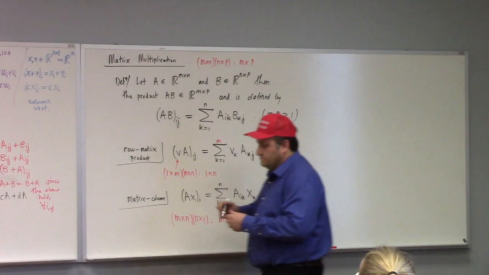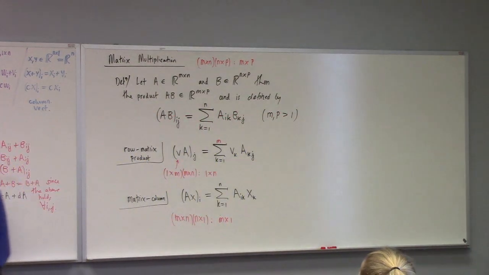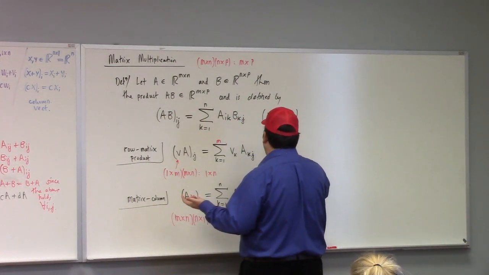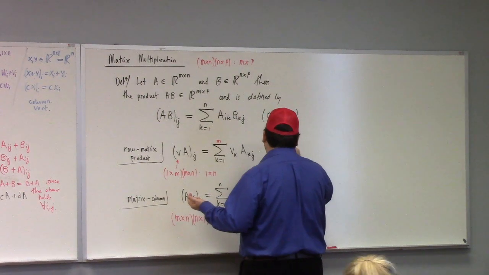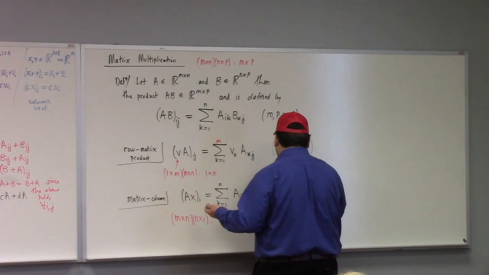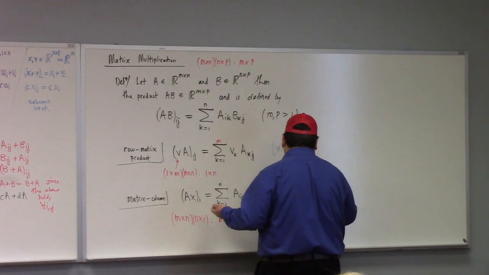So what's the other thing that could happen that actually matters? I'll put it in words over here. VA is a row. AX is a column.